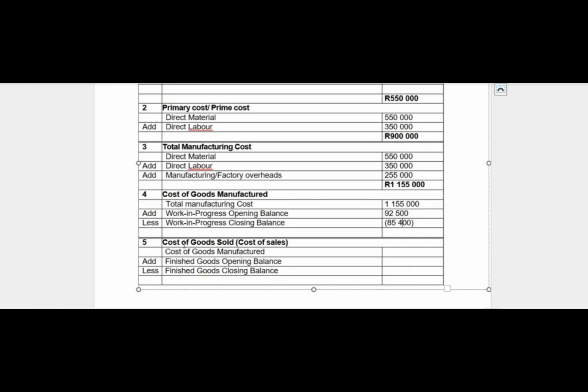Okay, so now let's calculate our cost of goods manufactured. Cost of goods manufactured is going to be 1,155,000 plus 92,500 minus 85,400.